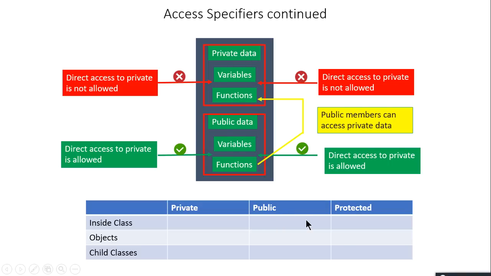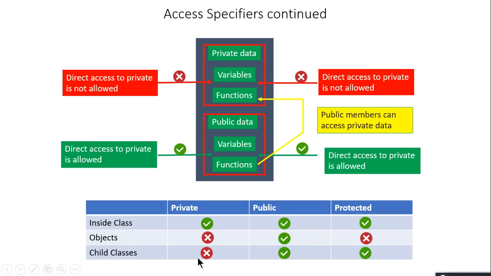Okay, now you can understand this topic by a table as well. So once you declare a variable inside a class, you can declare them private, public or protected access, and once you declare a variable and put a value in it, you can access this value inside the class, in the main function using objects, or in the child classes. Now if your variable is in private access, then only inside the class you can use them, and objects and child classes cannot access them.